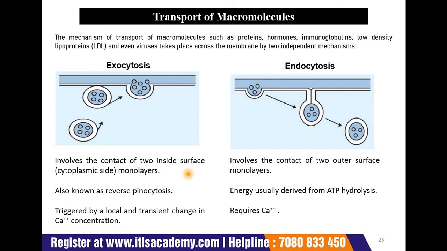This process is triggered by a local and transient change in calcium concentration. Similarly, endocytosis also requires calcium concentration. It involves the contact of two outer layers instead of two inside layers, and it requires a lot of energy, which is derived from ATP hydrolysis.